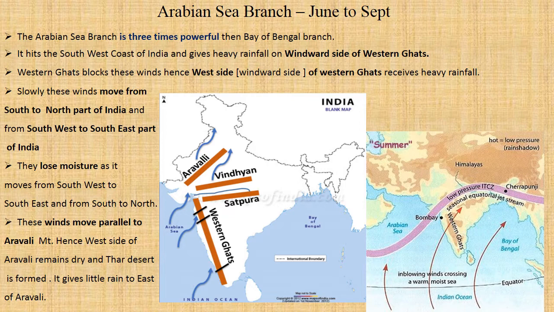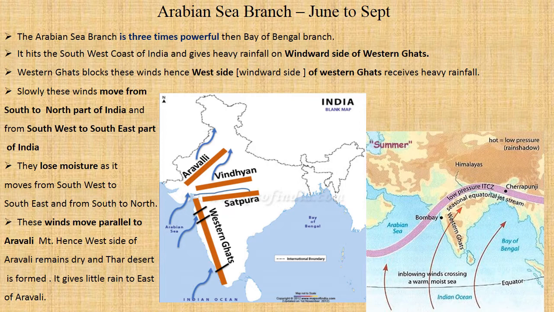This branch is blocked by the Western Ghats, and that's the reason the west side of the Western Ghats receives heavy rainfall.